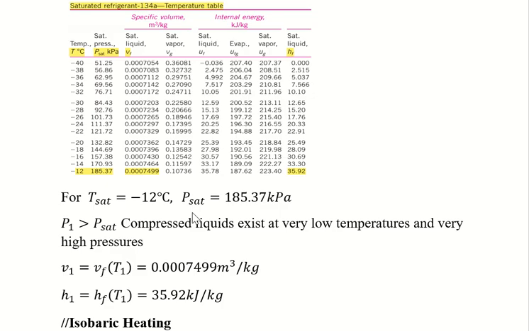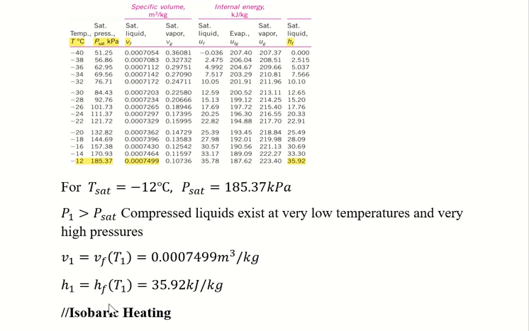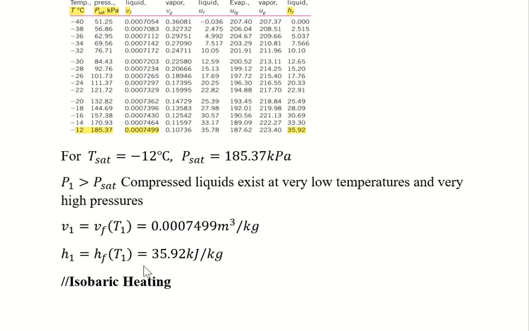So we're going to assume saturation at this temperature, use the temperature given in the question, and take only the values that lie within the liquid phase, and that's why we have 0.0007499 meters cubed per kilogram, and 35.92 kilojoules per kilogram. So that's the first state.